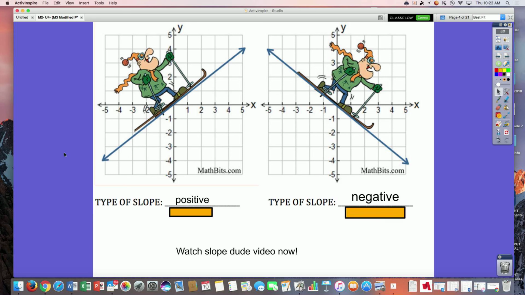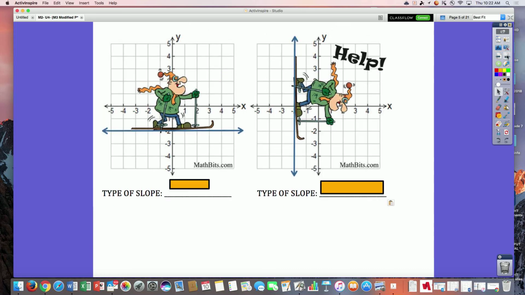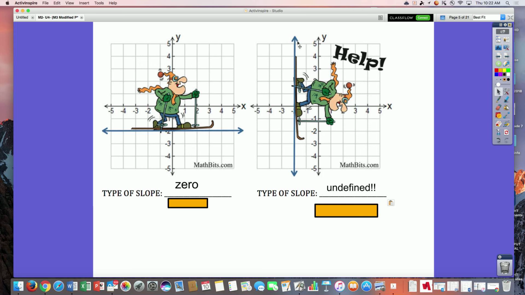Right? Left to right. So I go this way to this way. He's going uphill, positive. He's going downhill, negative. This guy, he's just flat, 0 slope. And this is like, undefined, help. So positive, negative, 0, undefined.